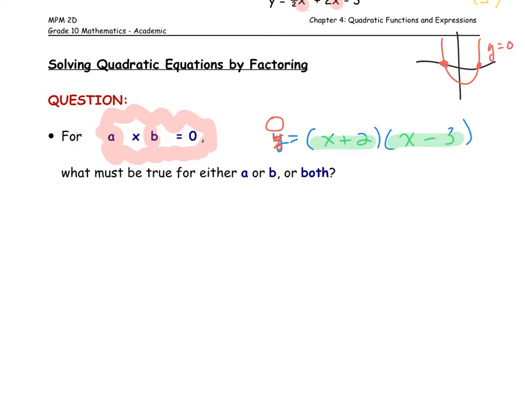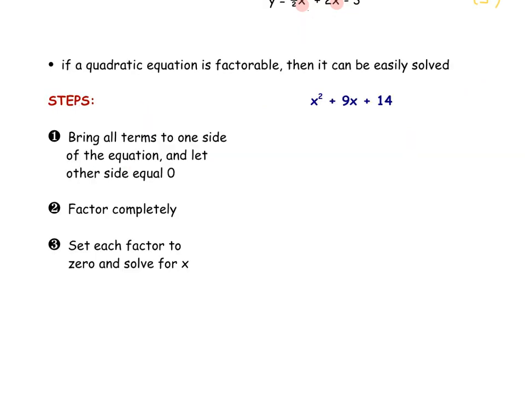One of them has to be 0 in order for my left side to be 0. So that's how we're going to go about solving our quadratic equations. So what is the moral of this story? If a quadratic equation is factorable, then it can be easily solved. And that's how we're going to go about solving our quadratic equations today.